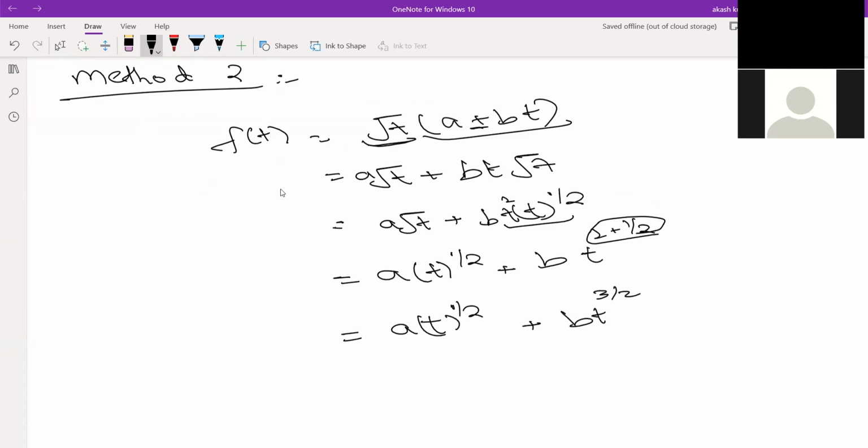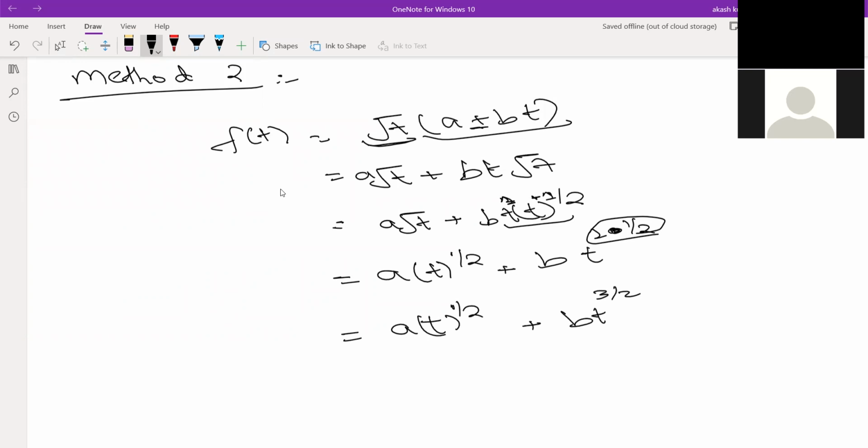Why plus half? Why is it not minus half? Because it is 1 and it's 1 half. If there's a minus sign like t to the minus half, then there will be a minus sign. There isn't.